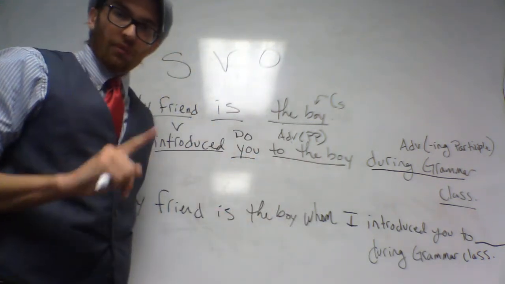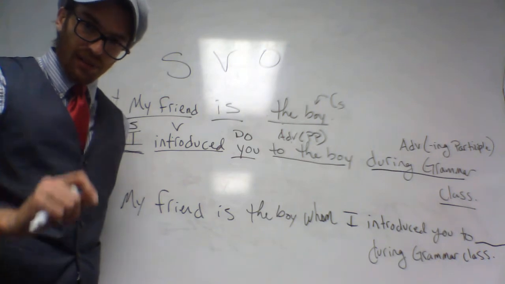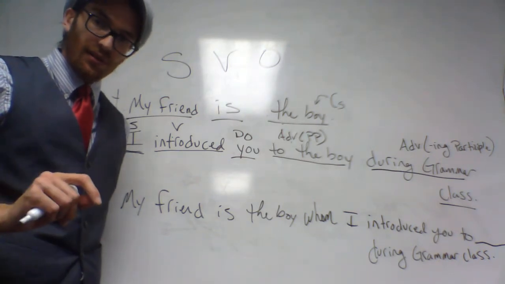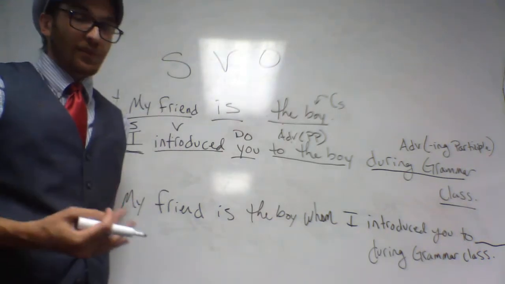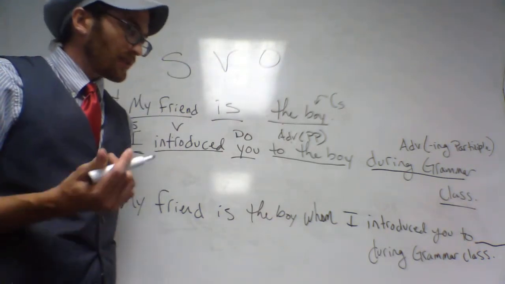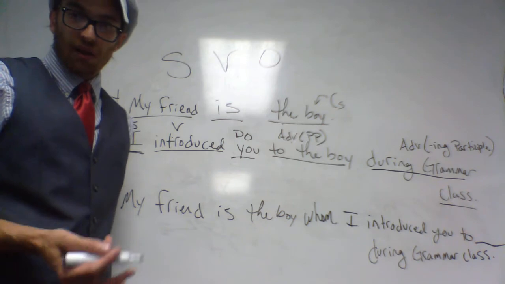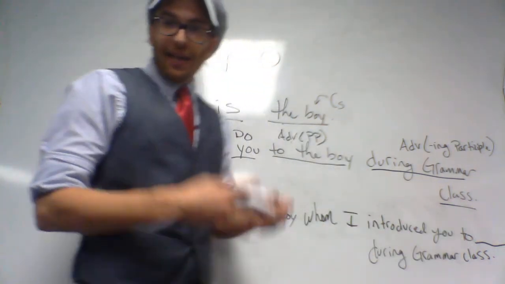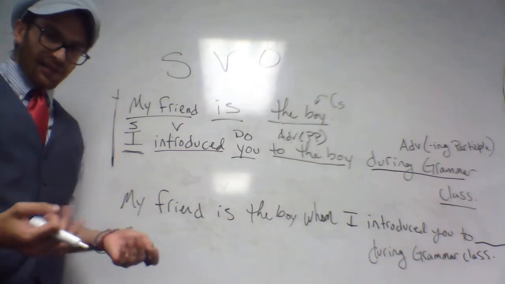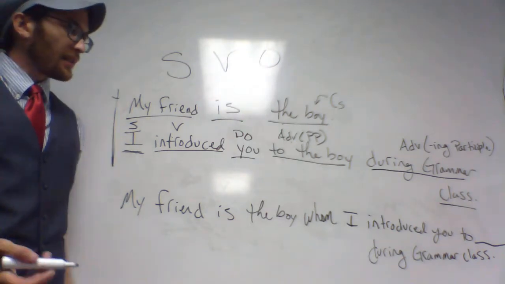But remember, relative pronouns always introduce relative clauses, regardless of whether it's a subject or regardless of whether it's an object. Relative pronouns introduce relative clauses. Here we see that the object of the preposition has disappeared. Or has it? It actually has not.